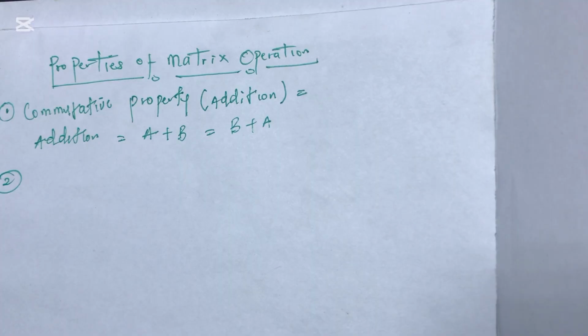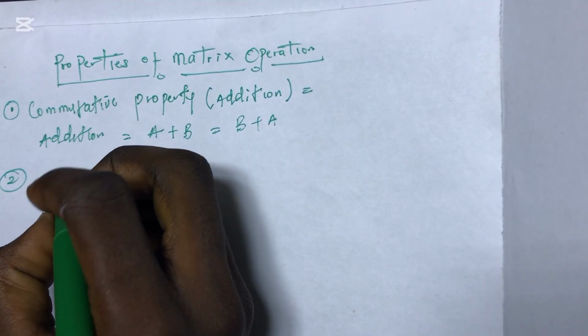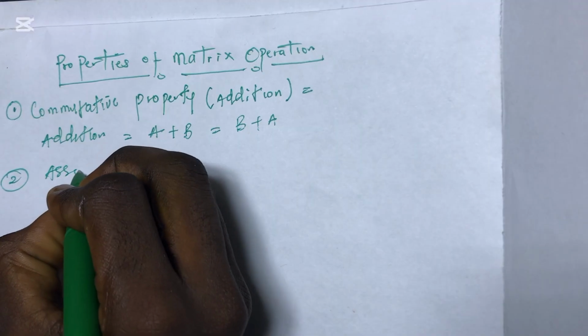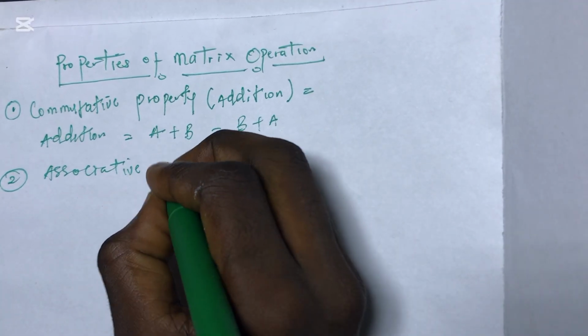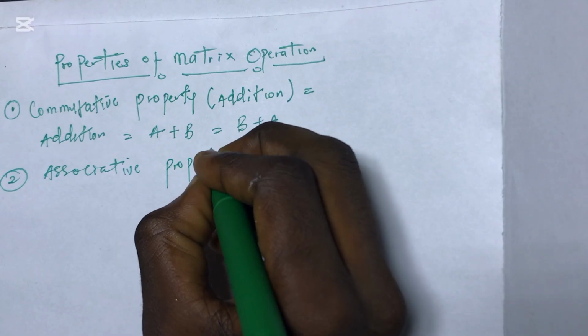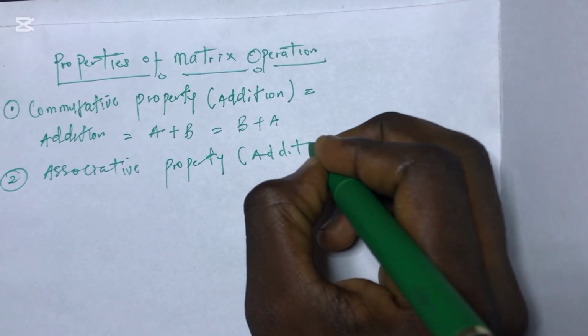Then number two, we have the associative property. The associative property is the addition.